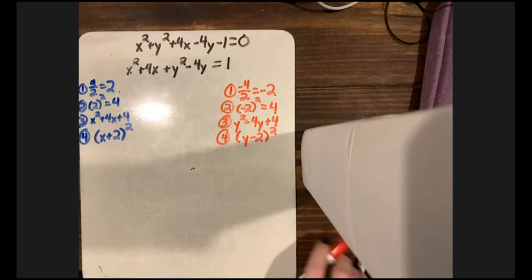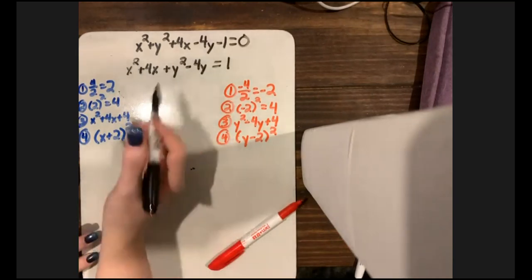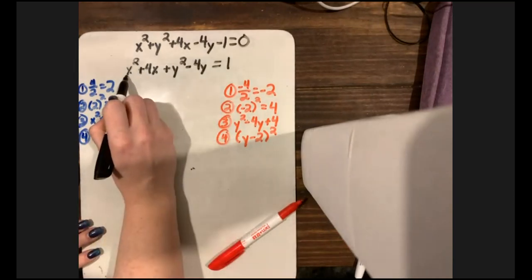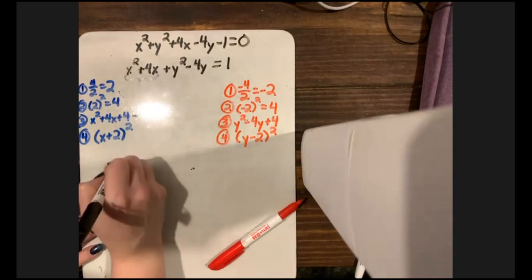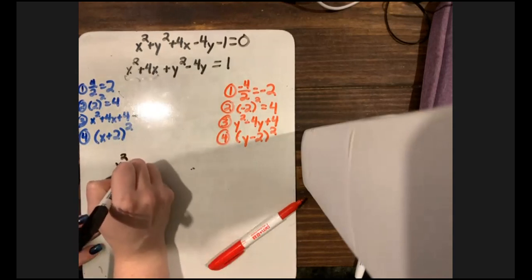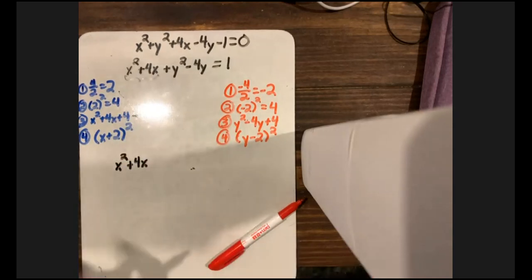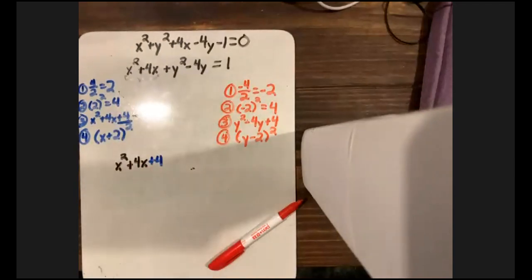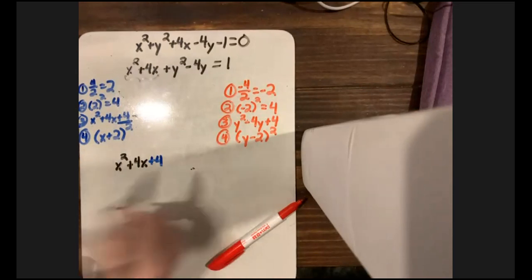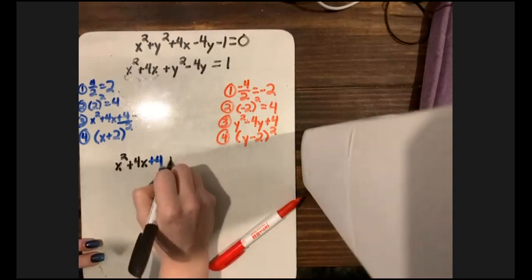Okay. Now, when we come back in, I need this to look like line 3. So I've got x squared plus 4x, but I need this plus 4 that's on the end. Plus, and then I'm going to do the same thing with the y's.